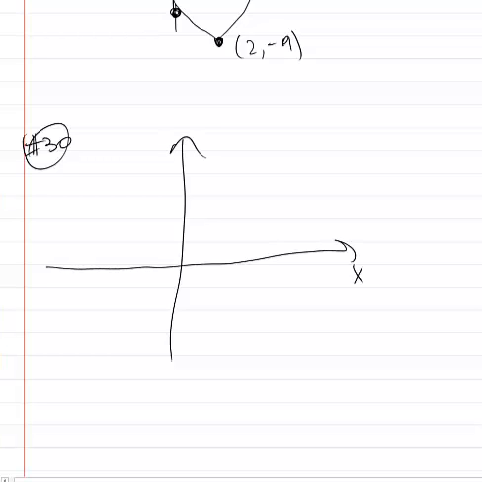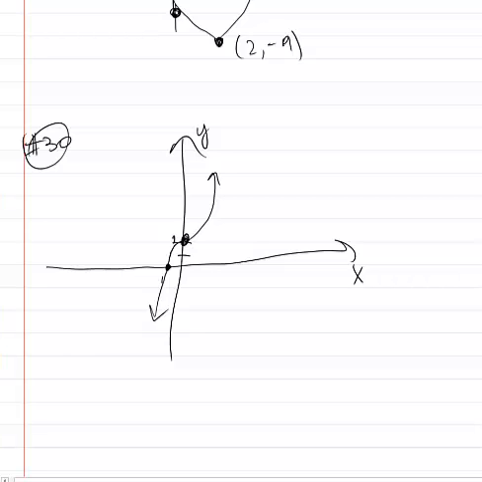So this is x, this is y. I'm going to just try to copy this thing. So this is where it crosses the y-axis. This is where it crosses the x-axis. That's 2, that's 1. Okay, and then it does something like this, and then it shoots up very quickly, and this just goes down also pretty quickly. So now if I want to find an inverse, I'm going to switch x and y.